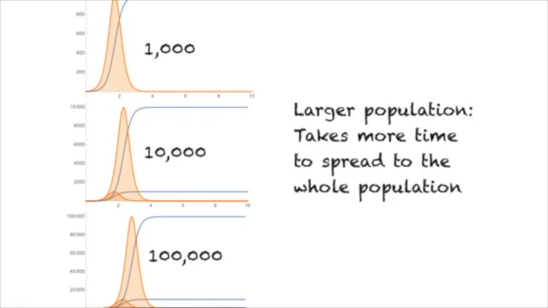But if you have 10,000, it is delayed quite a bit more. It takes now about 3 to 4 days. And if you have 100,000 people, it becomes delayed even further. So it just tells you that a larger population takes more time to spread. It is really comparable to the diffusion of molecules.